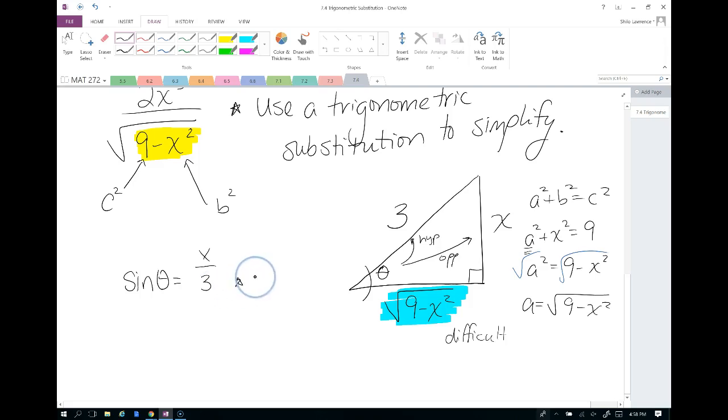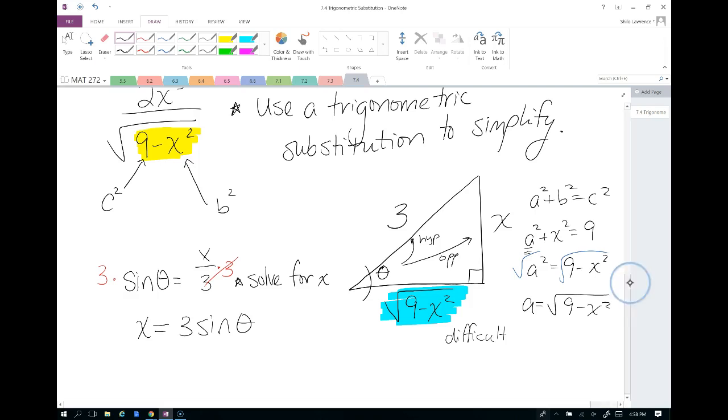And if you solve that for x, you will have the substitution that you need that will make that sum or difference of squares in your problem simplify very nicely. So in this case, if we let x equal 3 sine theta, we'll be able to get 2x cubed over the square root of 9 minus x squared to simplify very nicely.